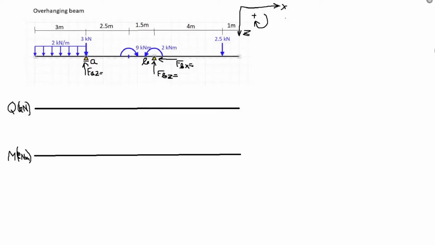Alright, so for the last beam example, we have chosen the overhanging beam to calculate our reaction forces and shear and moment diagrams. I've already marked the two supports, which is pin support at point B, which has two reaction forces, FBX and FBZ, and a reaction force at point A, FAZ, which is the roller support reaction force.